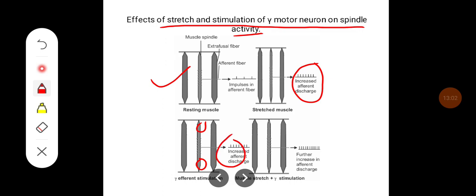You can see the additional effect of muscle stretch and gamma stimulation: both together further stretch the muscle spindle, and you can see the increased activity in the afferents.